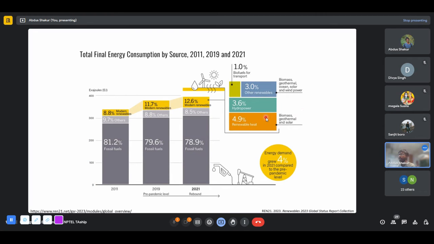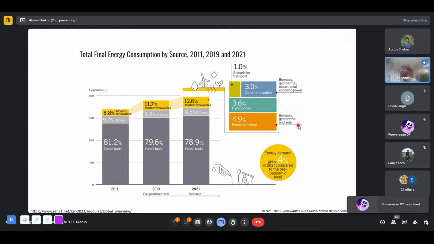So if you just look here, there has been an increase in contribution by renewable energies, and renewable heat energy, either from biomass, geothermal, or solar energy, has increased, and it's currently at 4.9%.